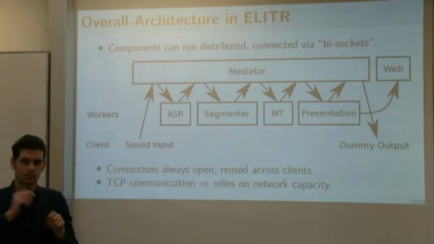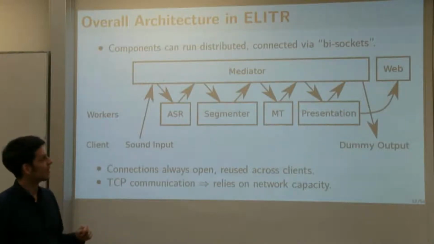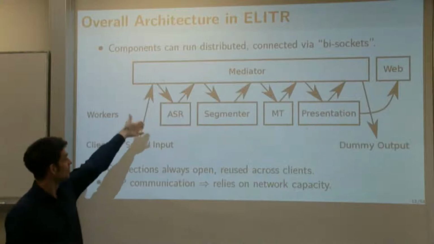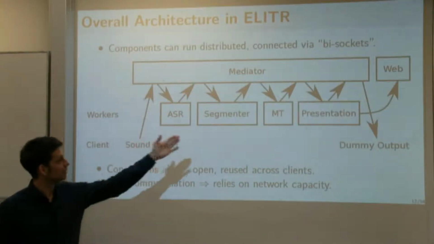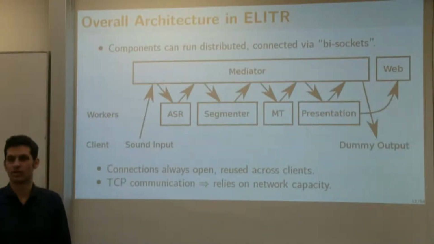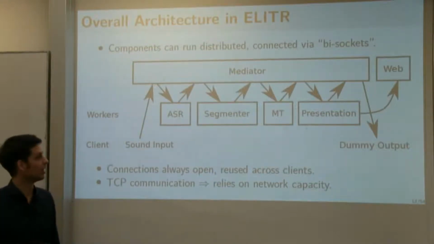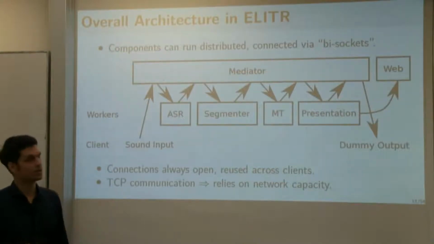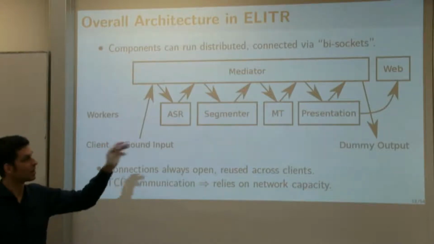The mediator will connect all the different institutes together, and it will ship the packets with sound data to the ASR, and then with the word candidates and so on, and finally it would receive a confirmation that the whole input has been processed. This all happens online with partial input, and these partial outputs are also propagated along the pipeline.